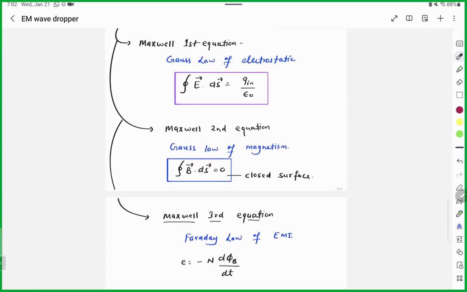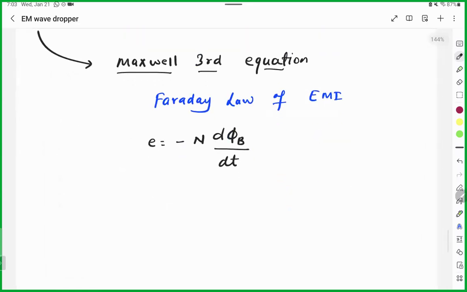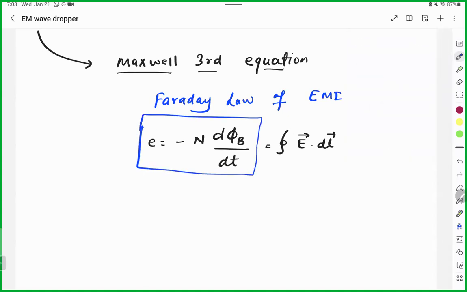So E is equal to minus d phi by dt, the rate of change of magnetic flux is responsible for the electric field, and this is because it is responsible for the current. So E dot dl vector will be responsible for this. Same Faraday's law, so nothing to bother about what we did here. Focus on this as of now.